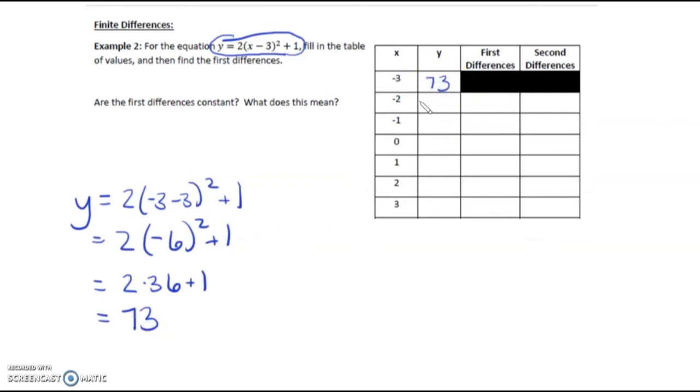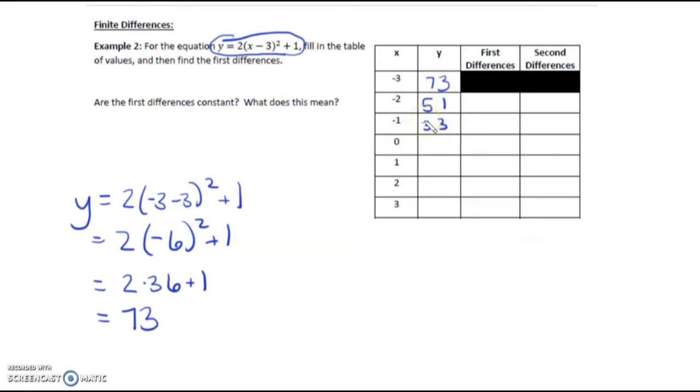We're going to go all the way down this column and do the same thing, but you can fill this in on your calculator. You should have a calculator that will pre-populate so that you don't have to rewrite this every single time. You should just be able to overwrite it. Then we get 51, and then we get 33.